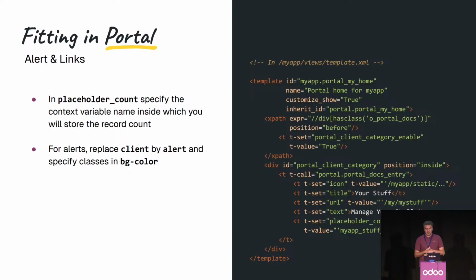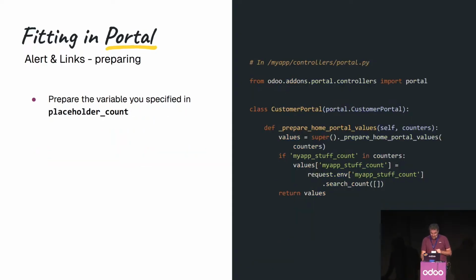Within this T-call, there is a special element which is placeholder count. This defines the name of a counter, which is the number of records involved behind the element. And we'll see right now how to populate it. Within the controller, it is a special controller for the portal pages.